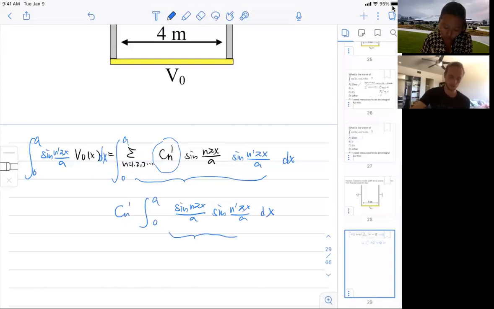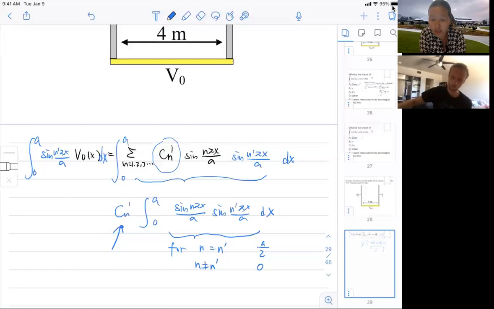And this we know, right? We know that for n equals n prime, it has a value of a over 2. And for all the other n primes, it is 0. So you can see that you're able to separate and peel the C's of n outside of that really complicated linear combination with sine.